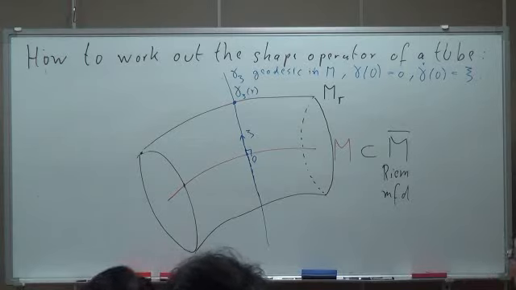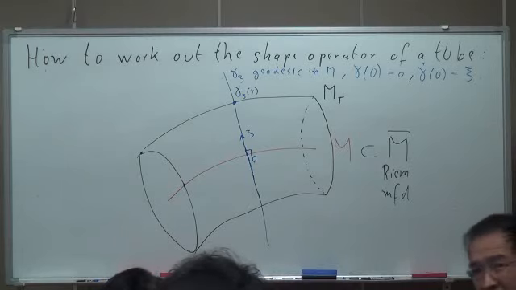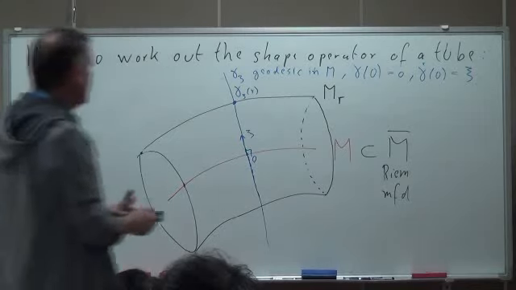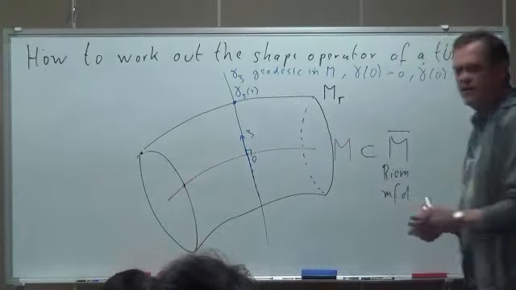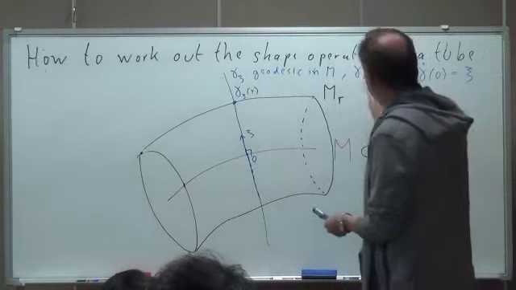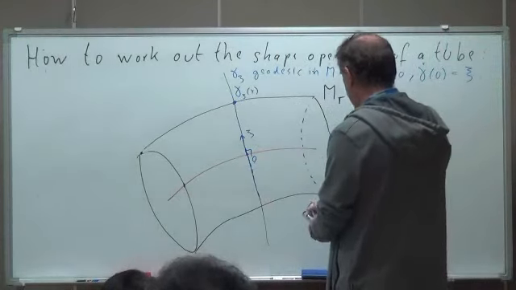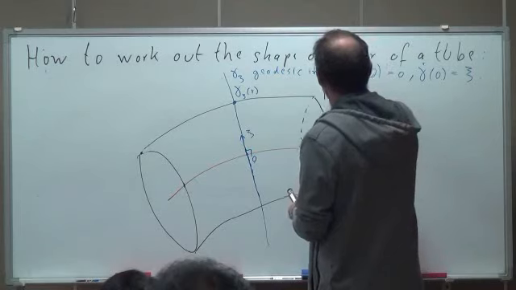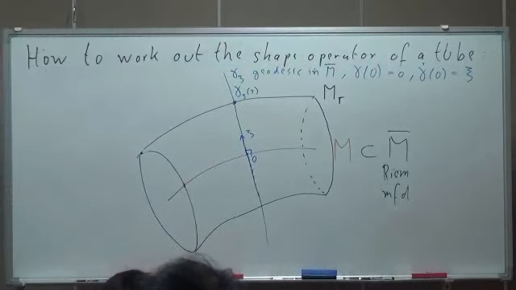That's right, yes, it's independent of the dimension. That's very interesting. You have written gamma as the geodesic in M. Yes, of course, it must be a geodesic in the ambient manifold M bar. Thank you.